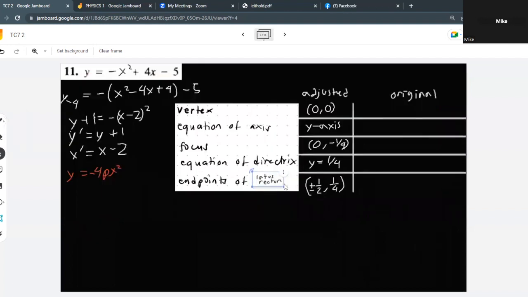So ngayon, ganun ulit. So in the new equation, express it in terms of y prime and x prime. So the equation is y prime equals negative x prime square. It's good to write it down.